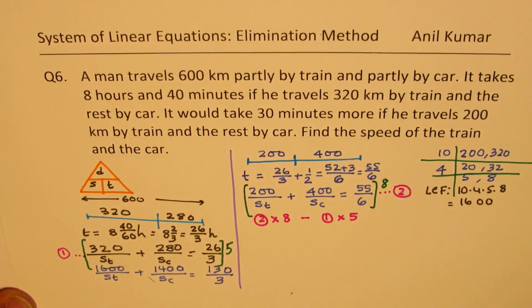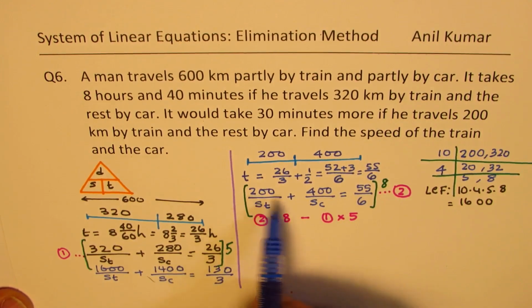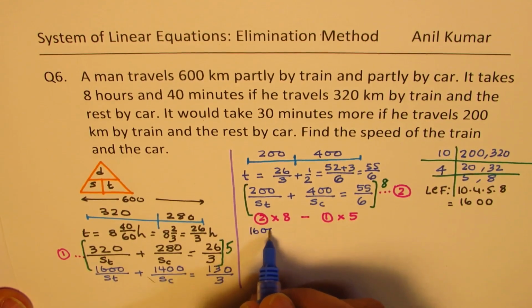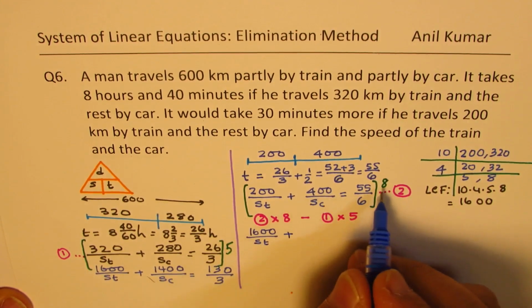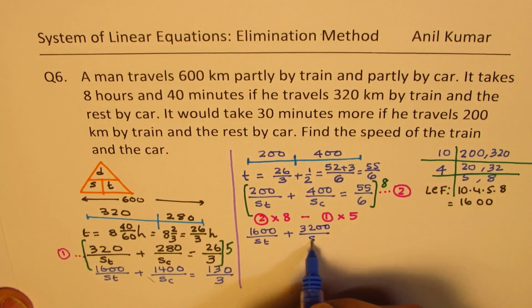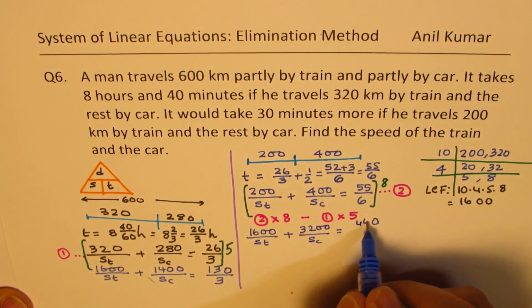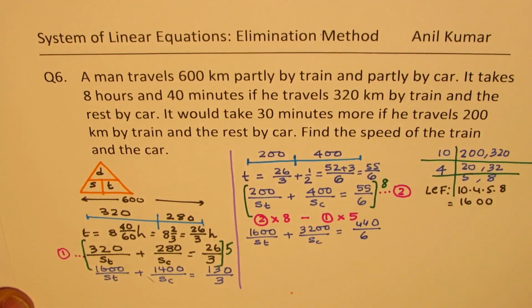Clear? So that is what you get in this case. Here, when you multiply by 8, you do get 1600 over speed of train plus 8 times 4 is 32, 100 over speed of car equals 8 times 5, 40, 440 over 6. Clear? So this is after multiplying by 8.